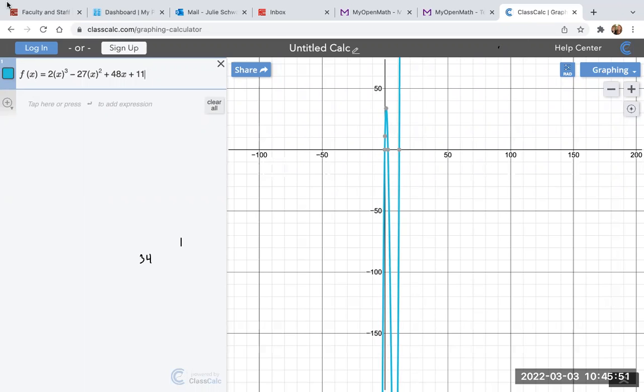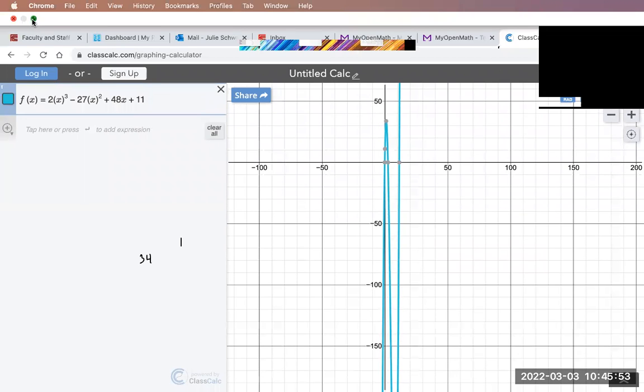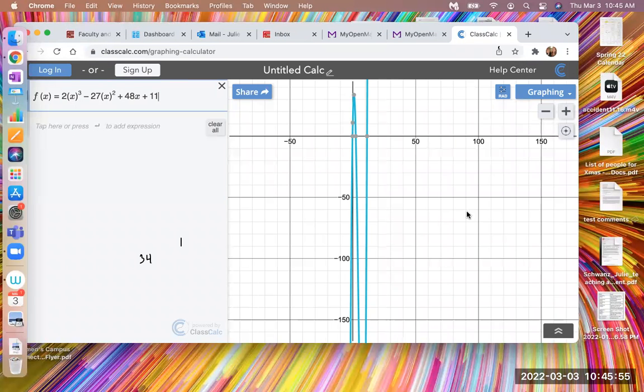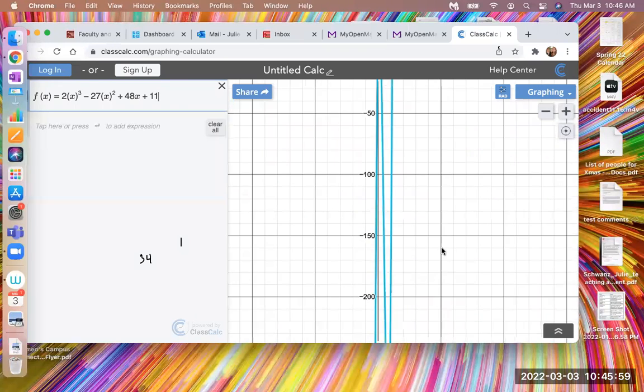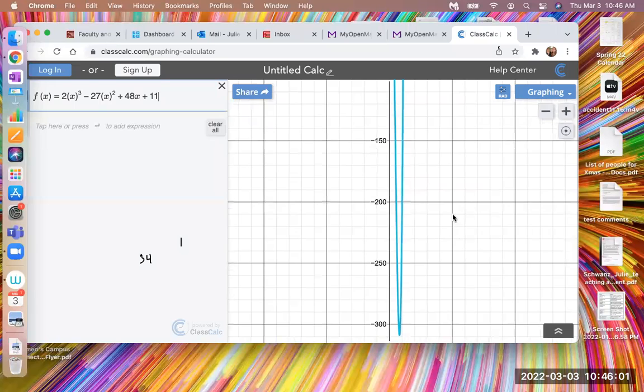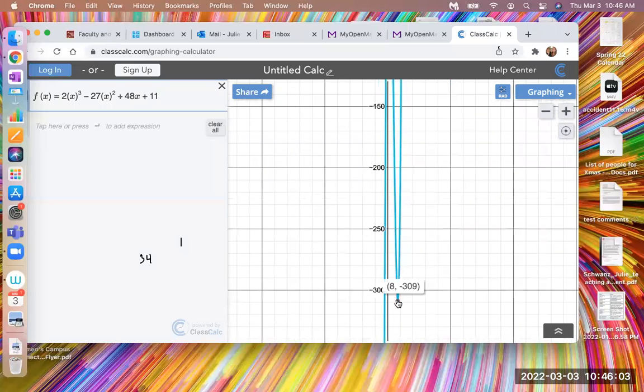So we're going to be learning later in the class how to graph and find these important parts on the graph without having to search around and zoom in and zoom out very much, because I just wanted to show you. So here's the min value, and you can see the graph is coming down, down, down for a really thin valley. And then it hits this min value, and the x coordinate is 8.